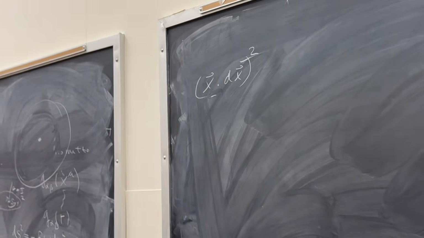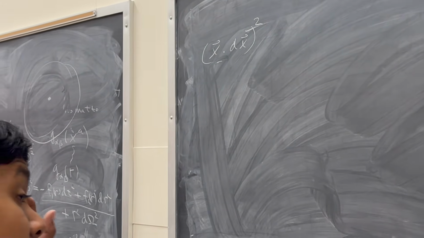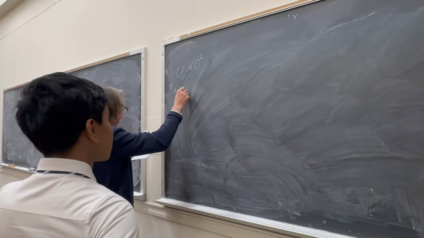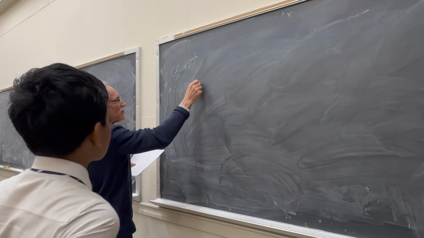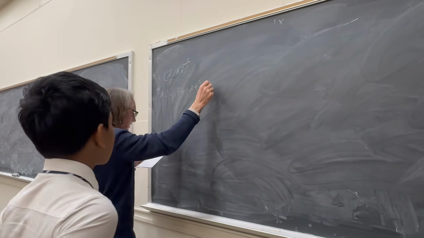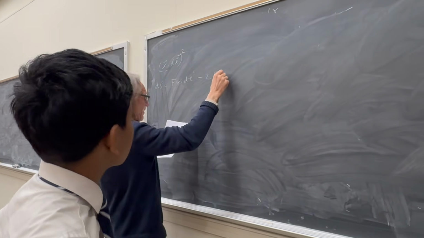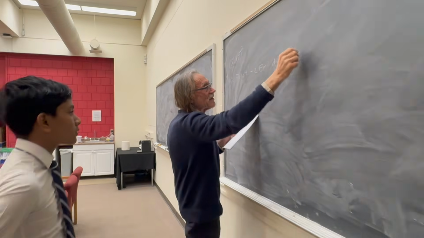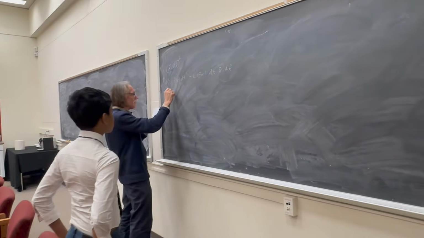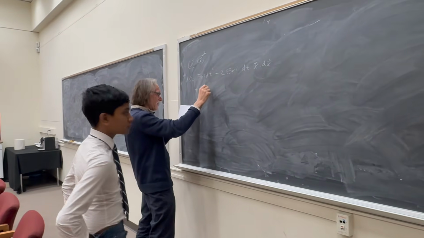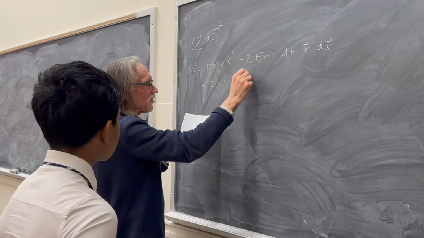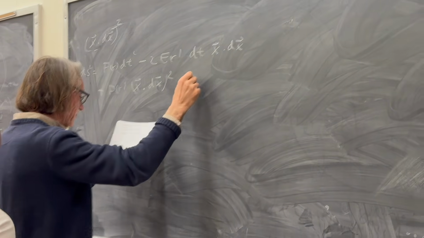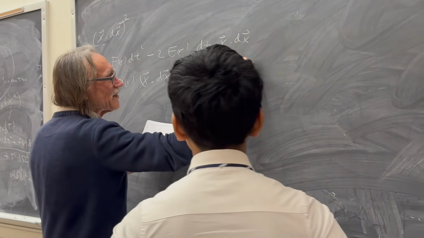So the full dependence is in fact, I call this f of r times dt squared, minus 2 e of r times dt times x dot dx, plus d of r times x dot dx squared, plus c of r times dx squared.